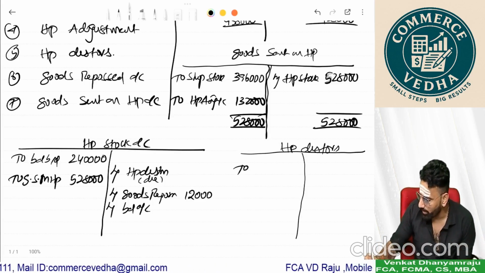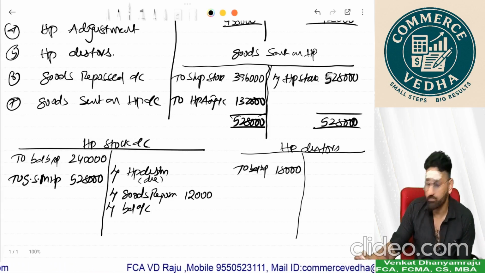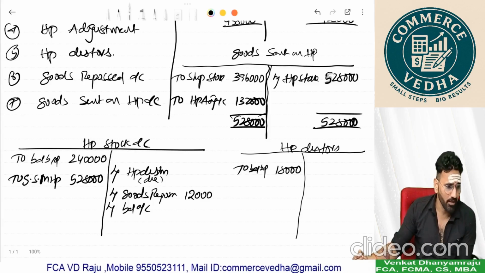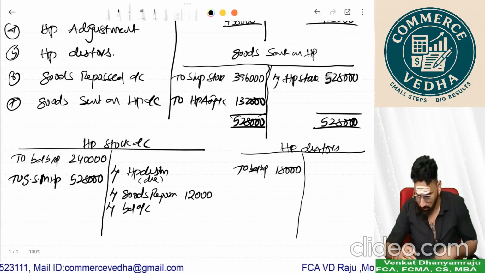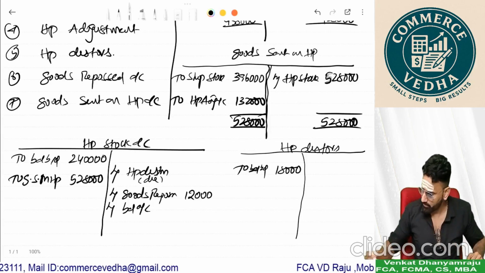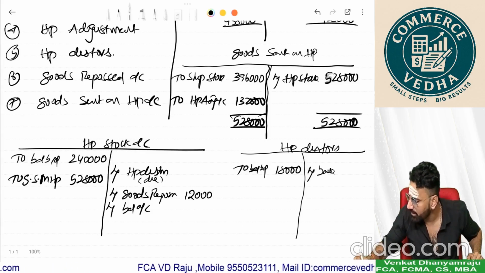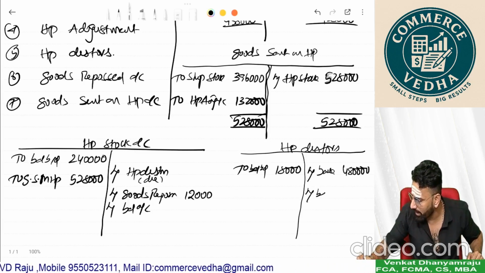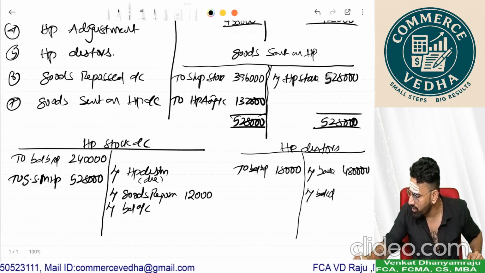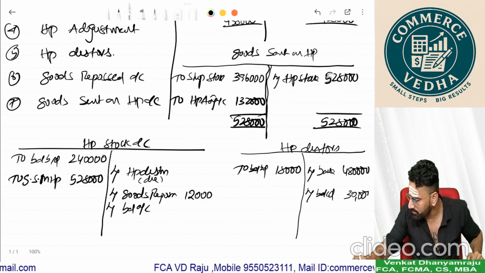So to balance brought down, debtors 18,000. 18,000 is the opening balance. And then by collection by bank 4,80,000. By balance carried down, the closing balance is given as 30,000.